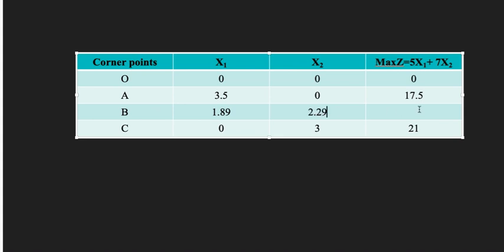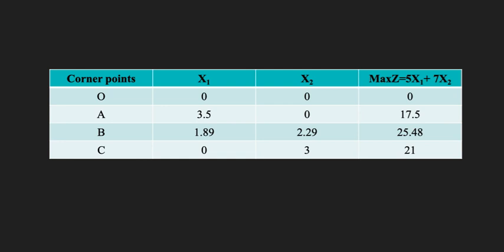So when we substitute these values of x1 and x2 in this maximization function, we are going to get the max z value, and once we simplify it, we are going to get 25.48.